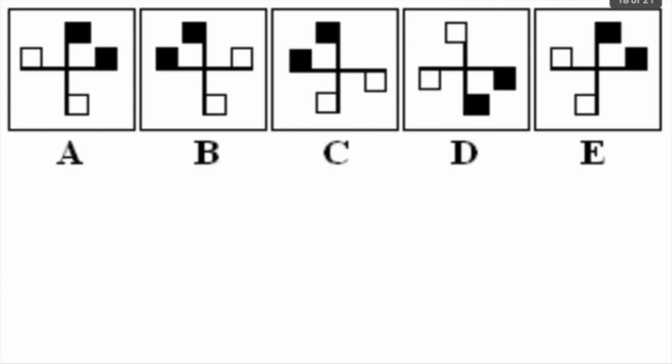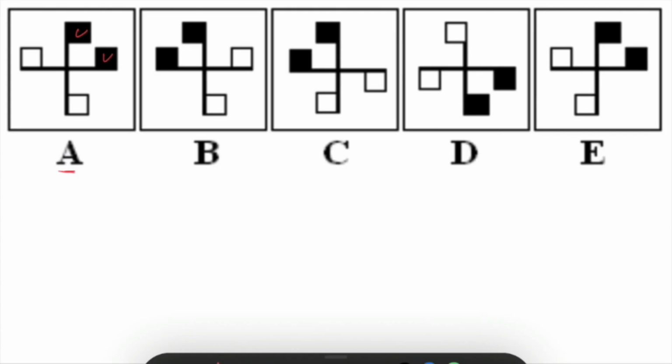We can find the same here. Let's study each pattern. In pattern A, we have the black boxes internally facing each other, and we have white boxes on different sides, facing different directions.